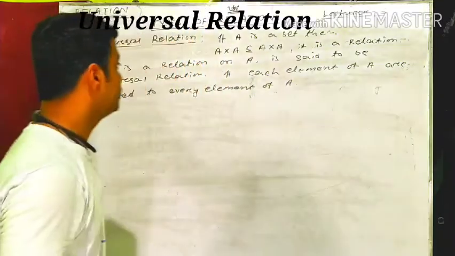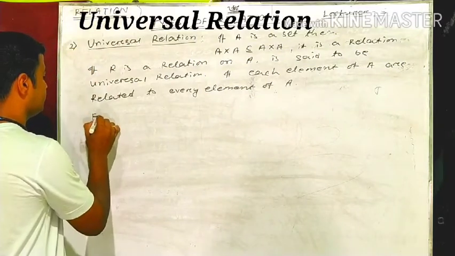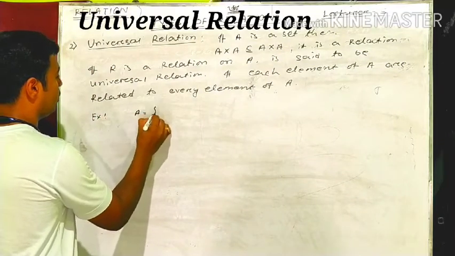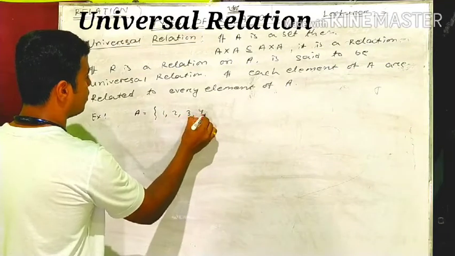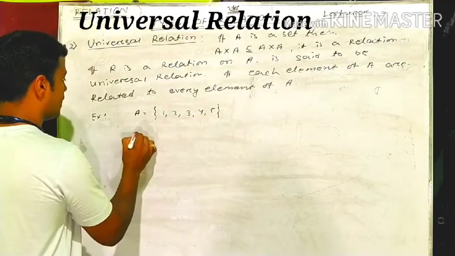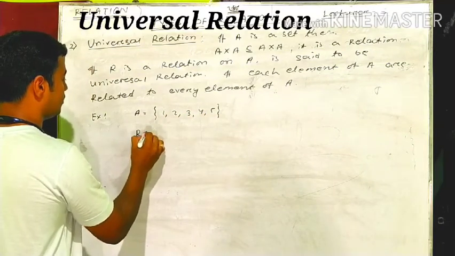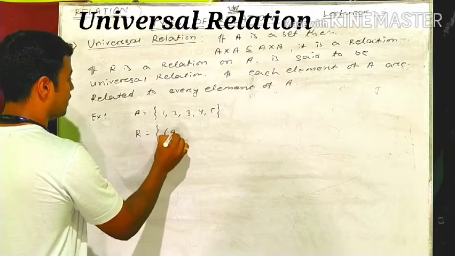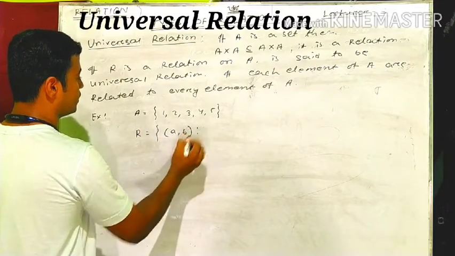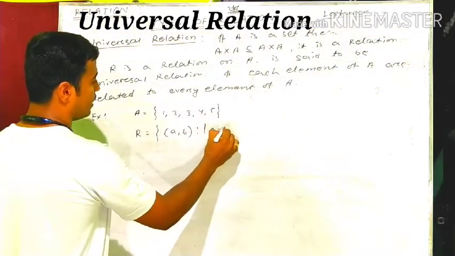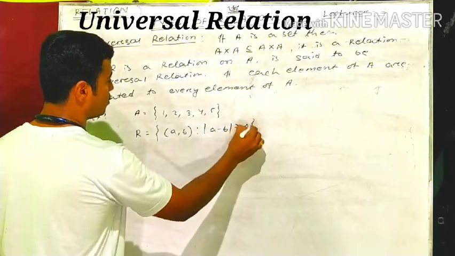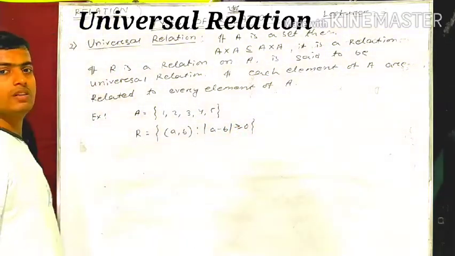For example, if A equal to 1, 2, 3, 4, 5, R is a relation equal to (a, b) such that mod of a minus b is greater than or equal to 0, which is a universal relation.